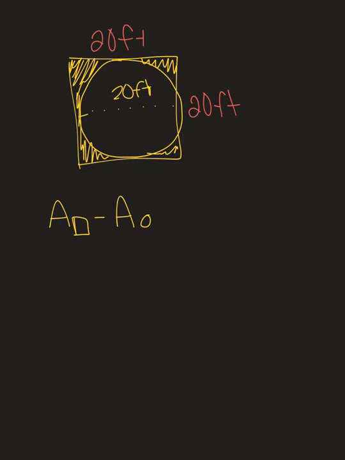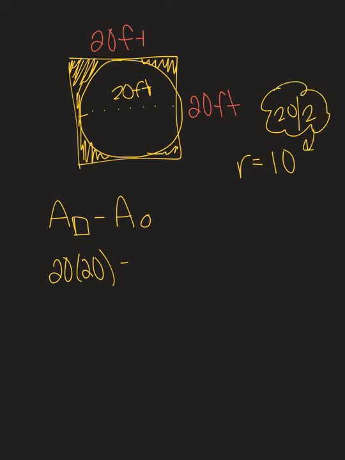So here, we can say area, remember, is length times width for a rectangle. So 20 times 20, or 20 squared in this case, since we're working with a square. And we're going to end up subtracting the area of a circle. Remember, that's pi r squared. So our r in this case is going to be 10 because you've got to do 20 divided by 2. So I have 3.14 times 10 squared.